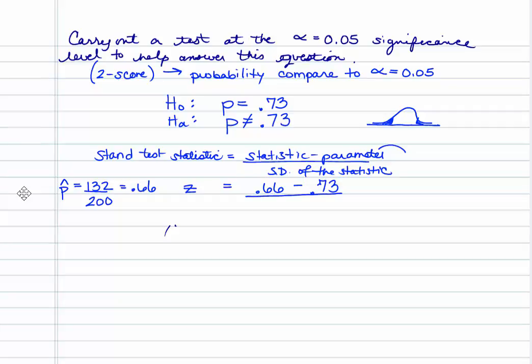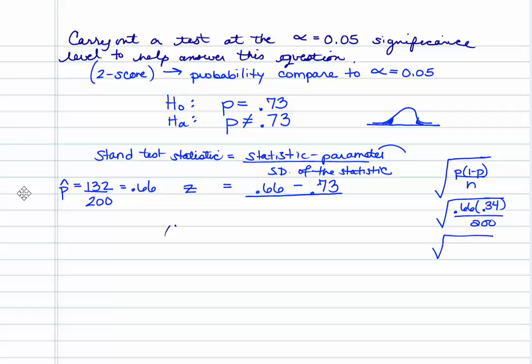Standard deviation of the statistic: we see this on that formula sheet as well, with this little formula next to it, the square root of p times q over n. So we've got to use 0.66 times 0.34 over 200 people.